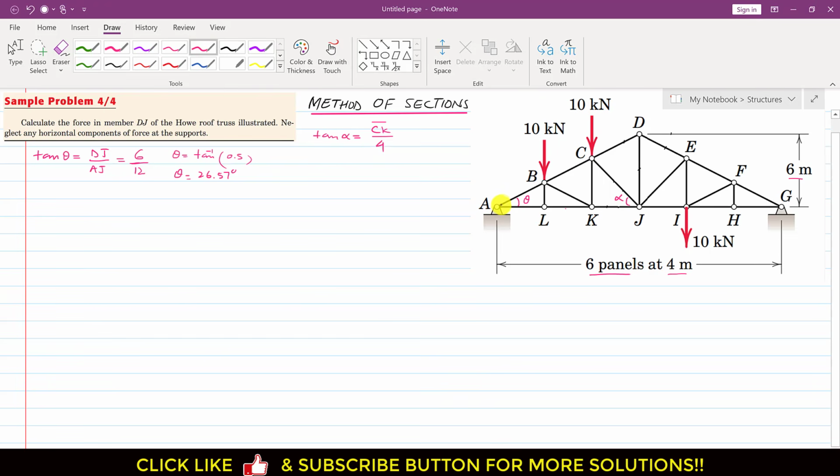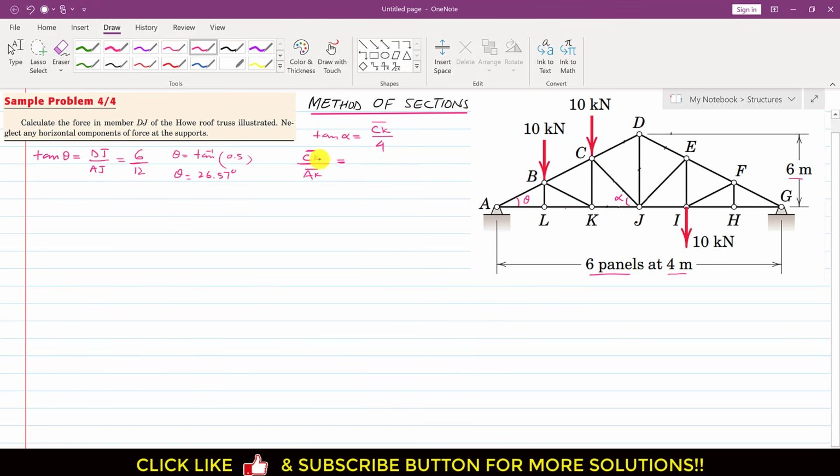As we can see, ADJ and ACK, both of these triangles are similar triangles. So by using the properties of similar triangles we can write CK divided by AK, which are the sides of the triangle ACK, equal to the ratio of the corresponding sides of the other similar triangle.